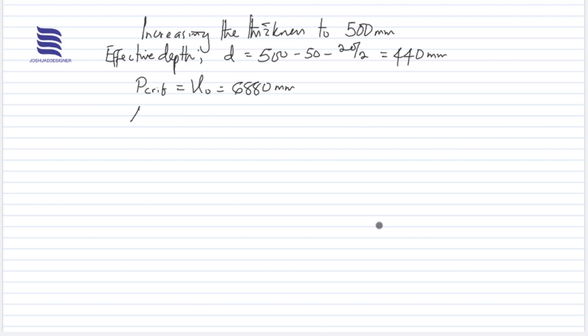For the area within the critical perimeter, you'd have 2.96 multiplied by 10 raised to 6 millimeters squared. Then for the force V, you'd have 1308.9 kilonewton.